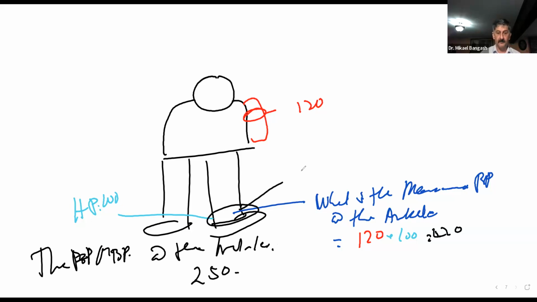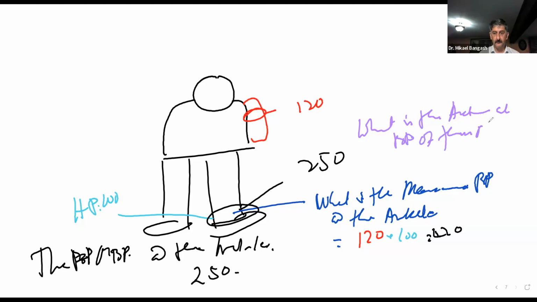That's the blood pressure that we measure here. But I'm only asking, what is the actual blood pressure of the patient?